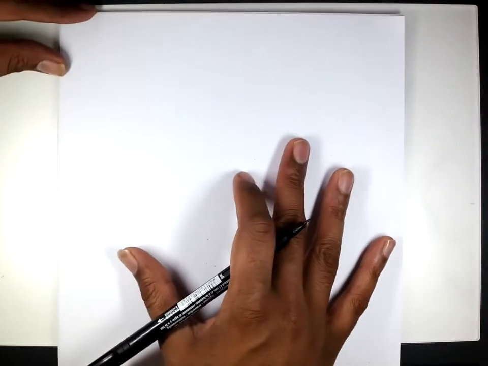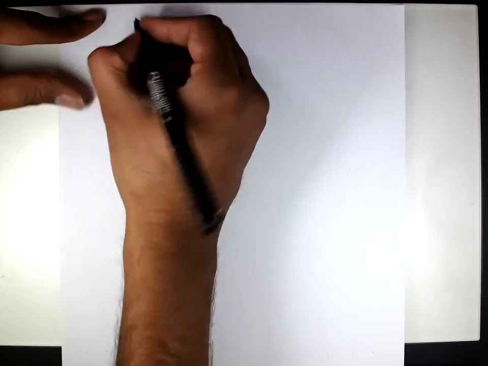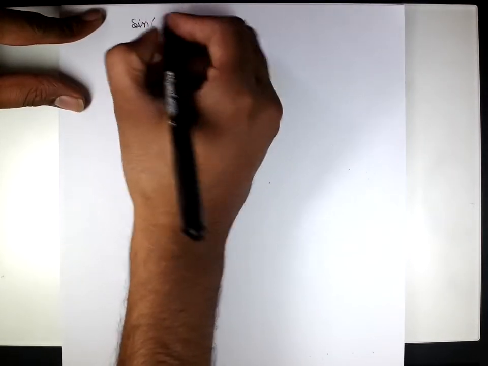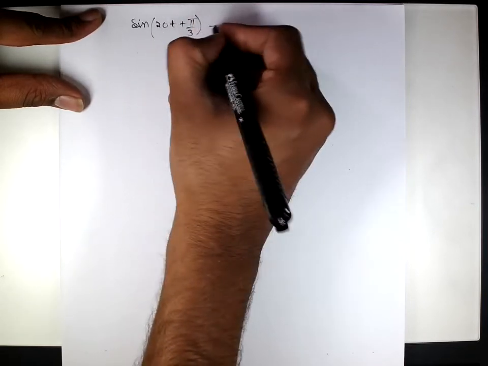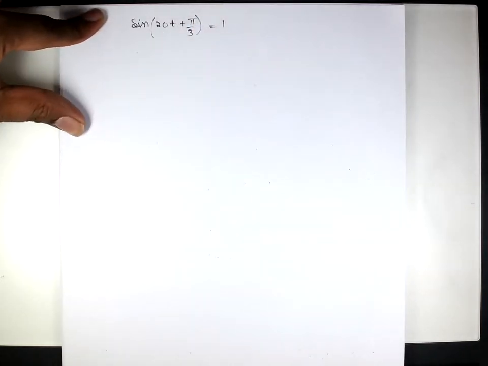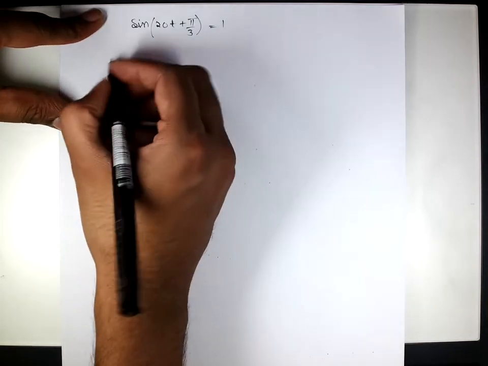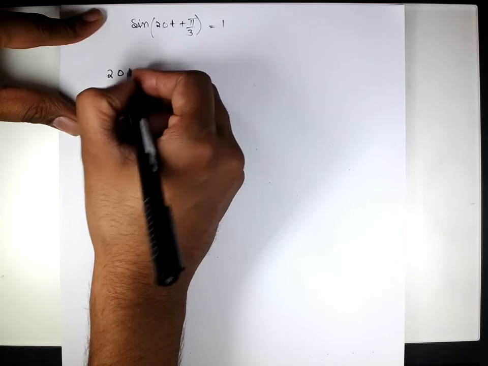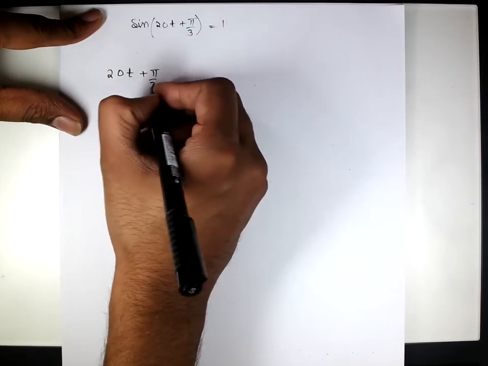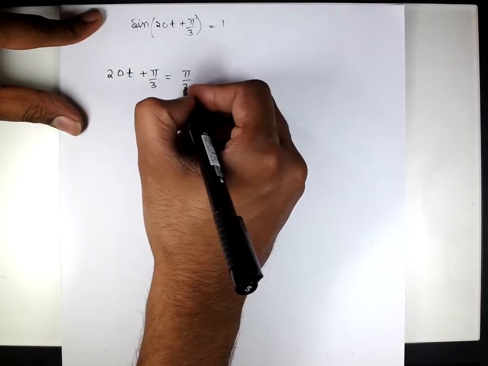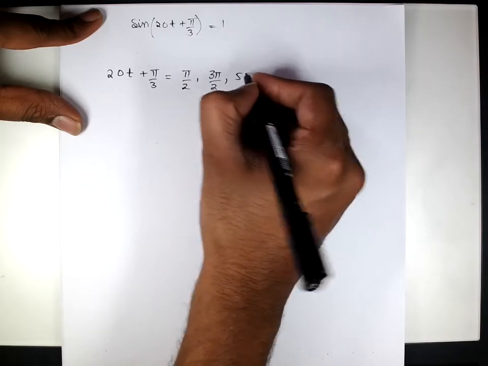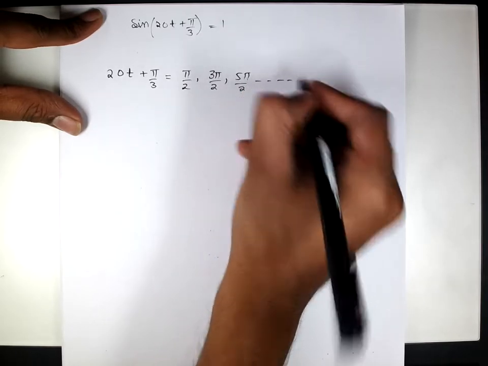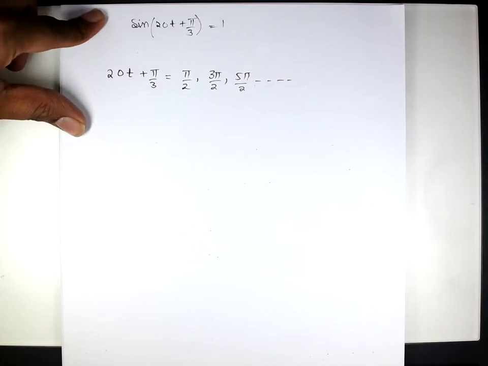The basic equation we have to solve here is sine of (20t plus pi by 3) equal to 1. This is a trigonometric equation which has various roots possible. Let's see them. This is possible when 20t plus pi by 3 is equal to pi by 2, or 3 pi by 2, or 5 pi by 2, and so on.